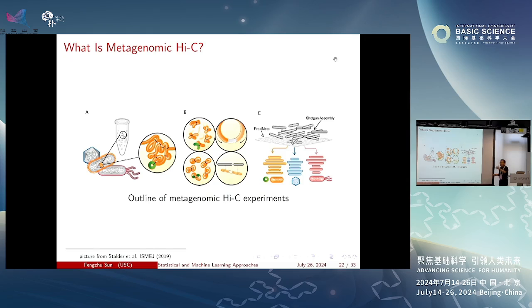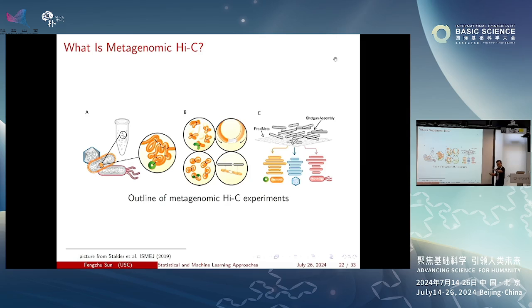Now you can see here, because they link regions that are physically close together, they may not be close together on the genome. They are just physically close together. So those form hybrid reads, and then they sequence them, and that's the so-called Hi-C read.